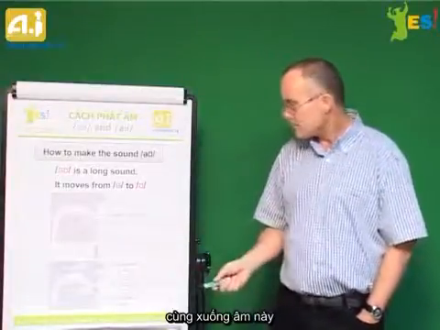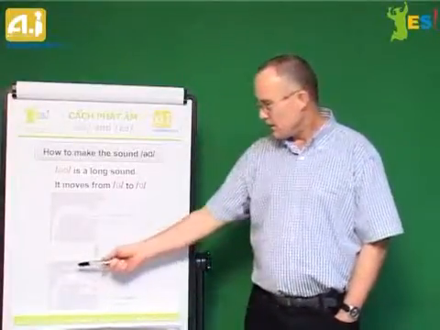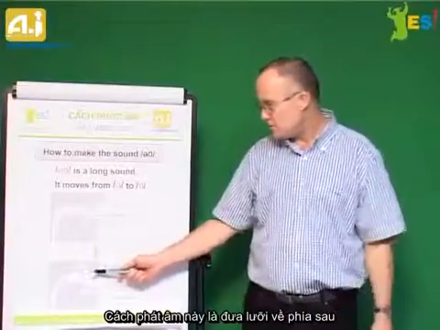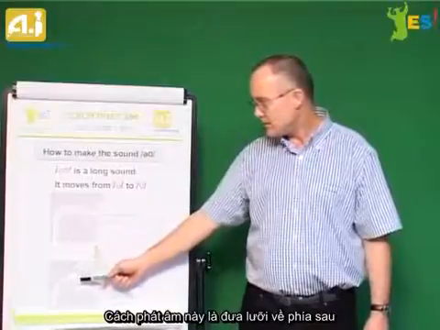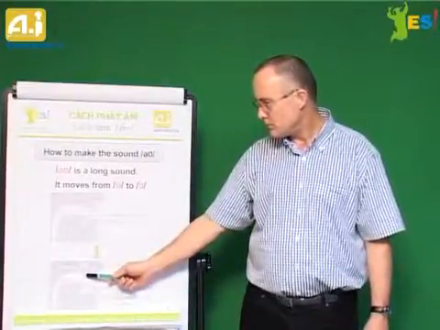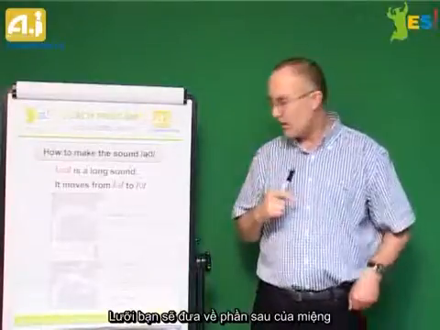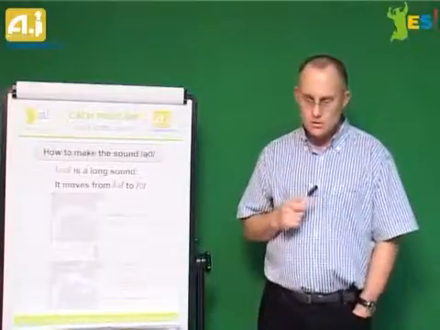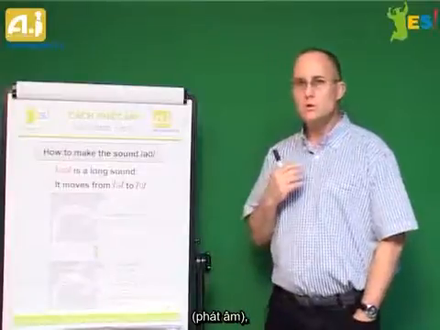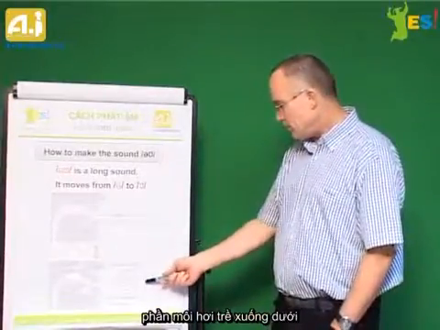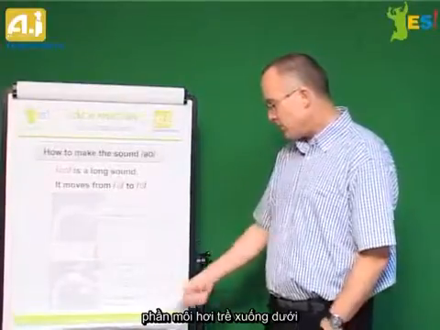Let's go down to this sound, and the way to make this sound is to back the tongue up. The back of the tongue will go back into your mouth. The lips are rounded a little. The lips are forward a little.